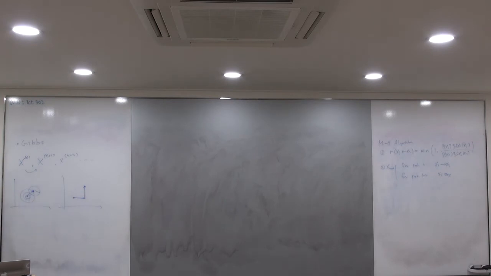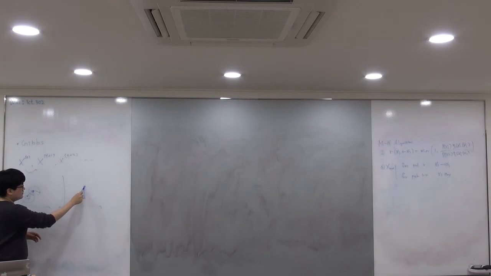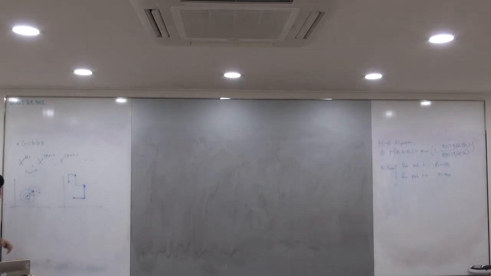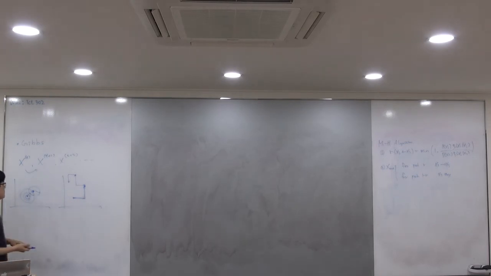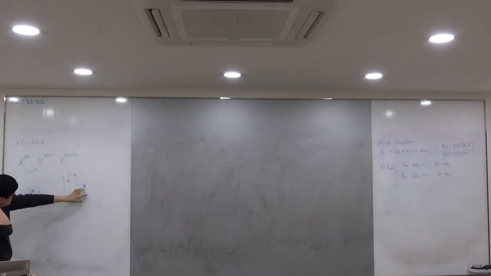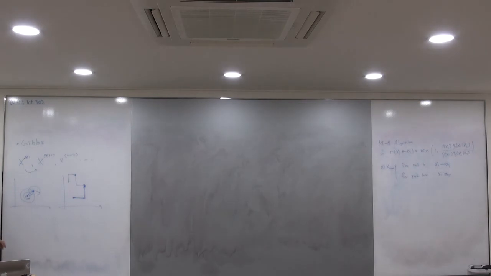Are you following what I'm saying? So take this to get a new sample, and this to get a new sample. Your one step actually consists of these two small steps.